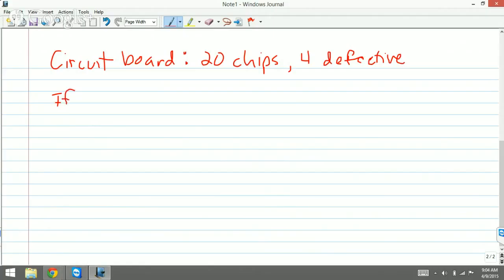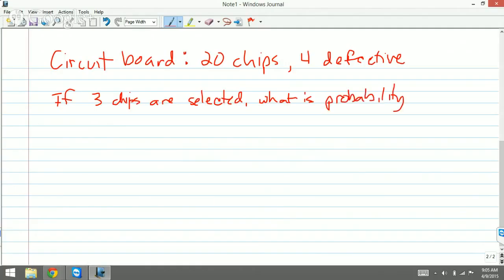If 3 chips are selected, what is the probability that 3 are defective?